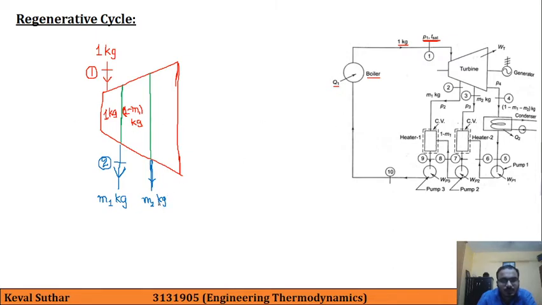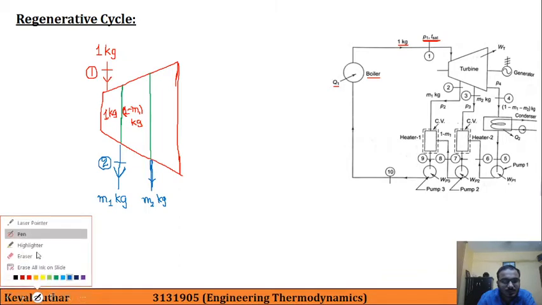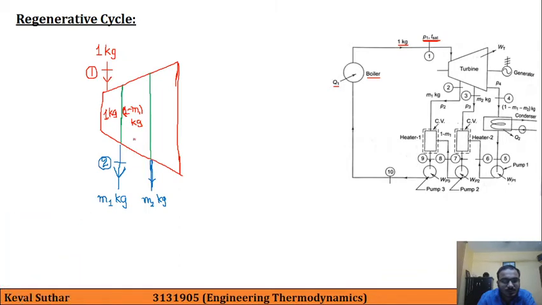So once we remove m2 kg, now the quantity which is being left for third expansion is 1 minus m1 minus m2 kg. So this is the quantity that we are having.